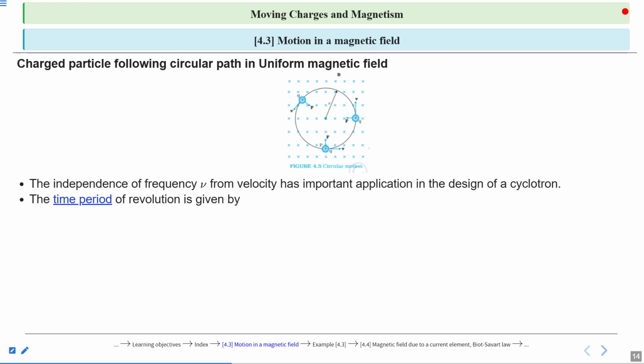The time period of the revolution is given by, time period and angular frequency are related as T equal to 2 pi by omega, equal to 2 pi upon 2 pi nu. So 2 pi and 2 pi will get cancelled. Time period will be equal to 1 by nu. So time period is the reciprocal of frequency.